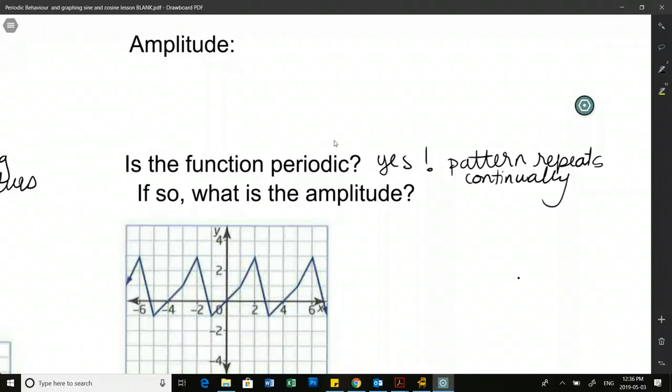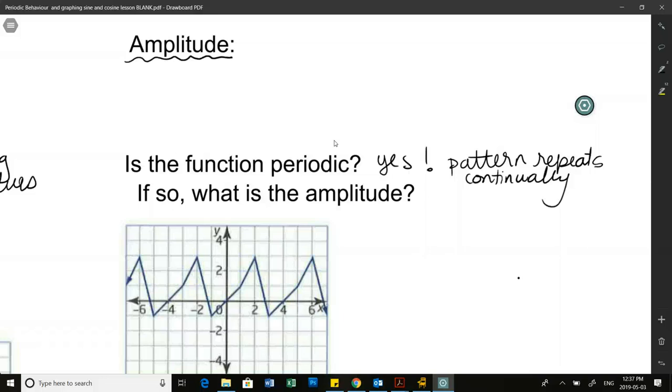It's asking what is the amplitude. So firstly, we need to know what is an amplitude. My physics people might know the answer to this. So does anybody know what an amplitude is? It's okay. Nicole? Distance from the x-axis to the highest peak. Right. So it's the distance from the middle of your function to the max and the middle to the min.